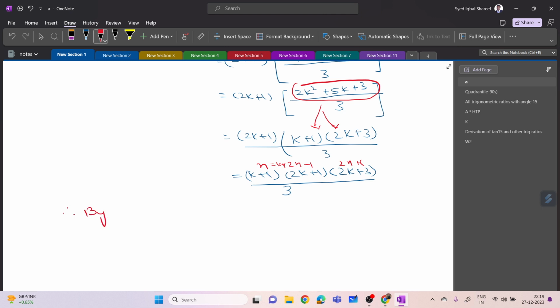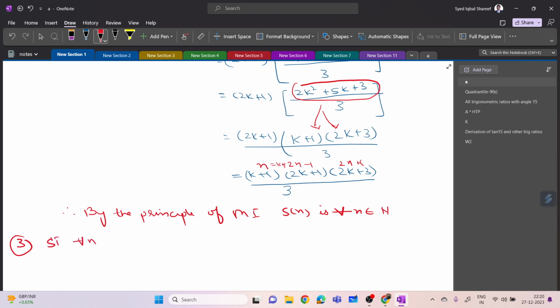Therefore, by the principle of mathematical induction, S of n is true for all values of n belonging to natural numbers. One more problem of this type, a different type.